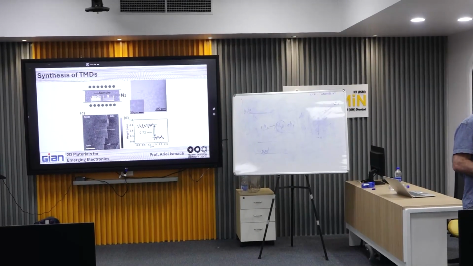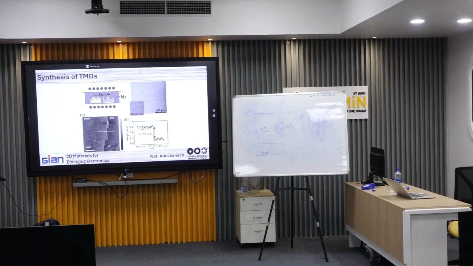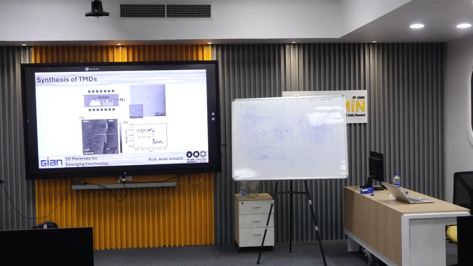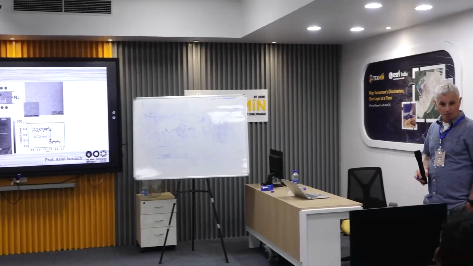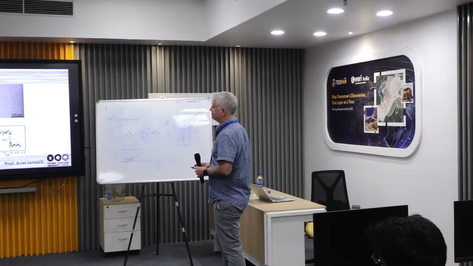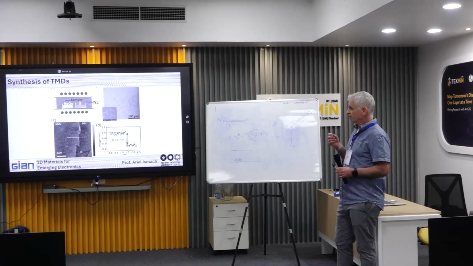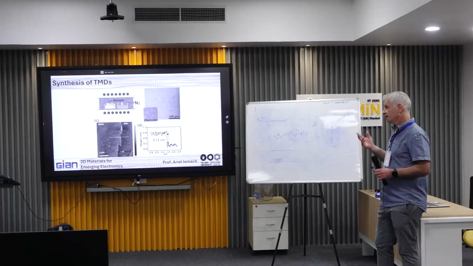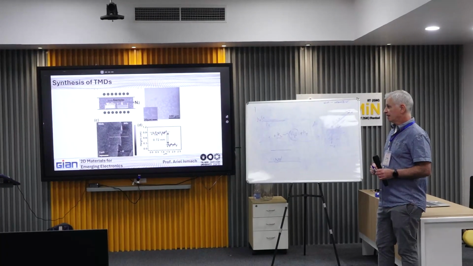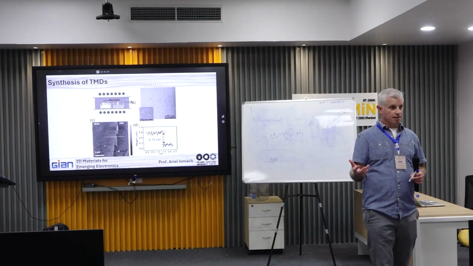Using these precursors is a good way to get fast results with fairly good TMD domains, fast with large domains. And yet, if you want to study the growth mechanism, with this precursor you cannot do that because the precursors are near the growth substrate.